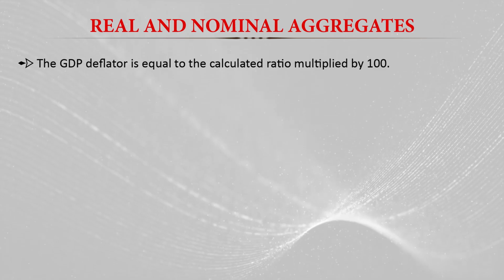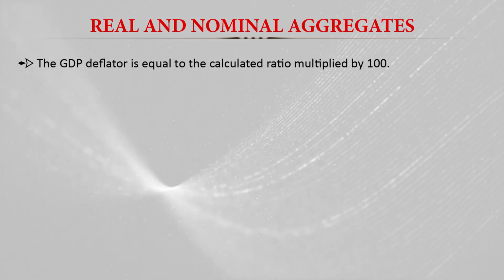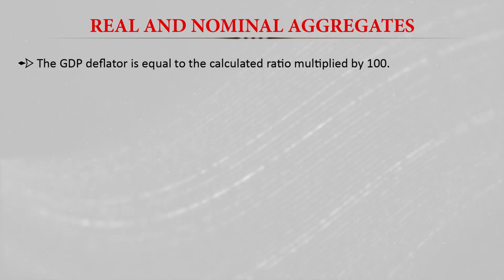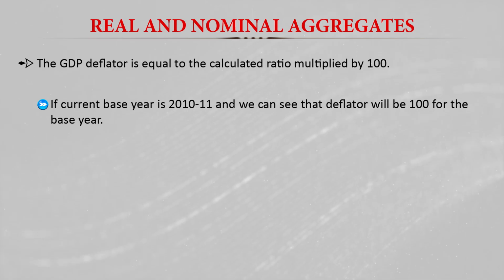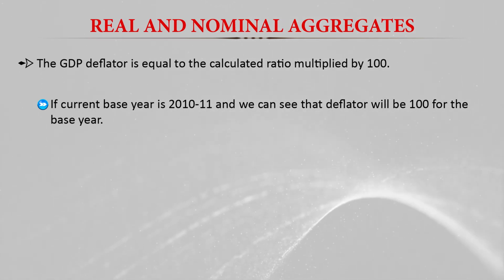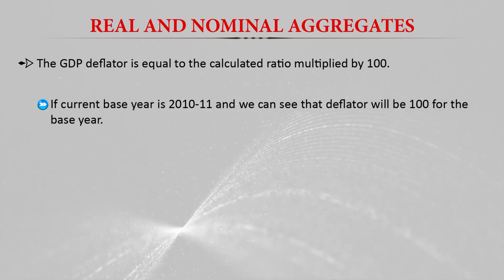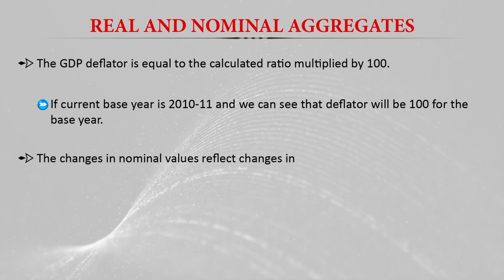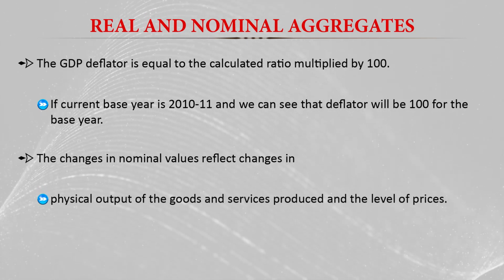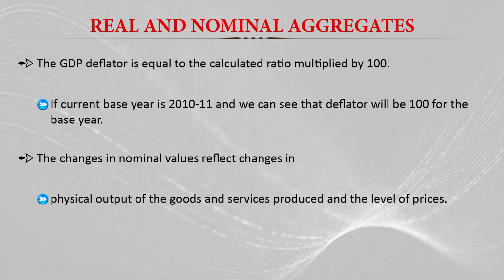Then we get some ratio, and when we multiply this ratio by hundred, we get the GDP deflator. So if the base year is 2010-11, the deflator will be 100 for the base year. And the change in the nominal value reflects change in the physical output of goods and services produced and the level of the prices.